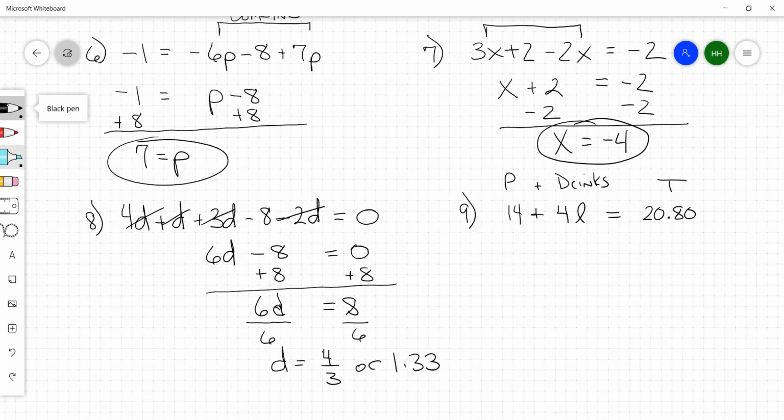I could have used 4D. In this case, I'm just going to leave the L here. The L represents the drinks. So if you subtract the $14 from each side, then your 4 large drinks equal 20.8 minus 14, 6.80. If you divide both sides by 4, then each large drink equals $1.70.